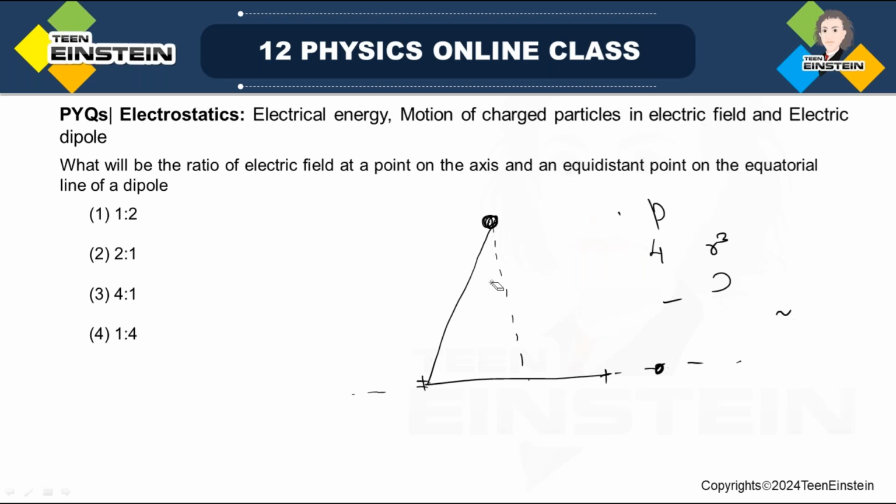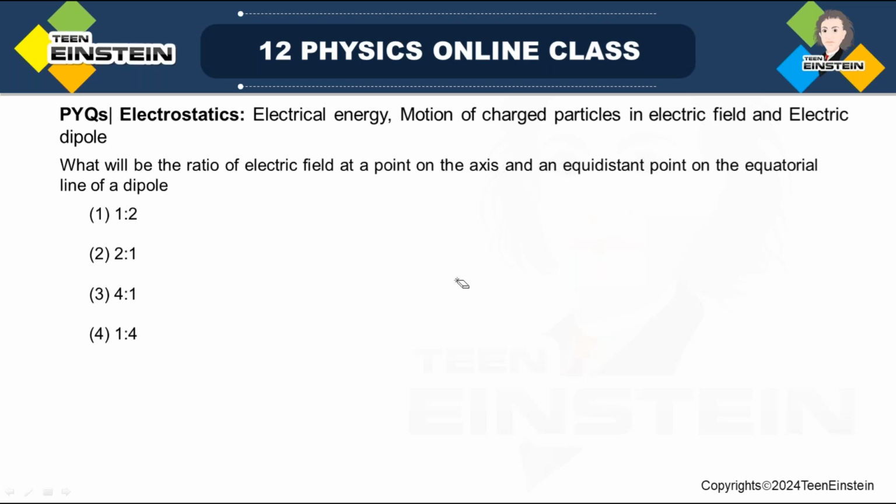So what I'm trying to say is, the electric field at an axial point and on the equatorial plane has a ratio of 2:1 actually.